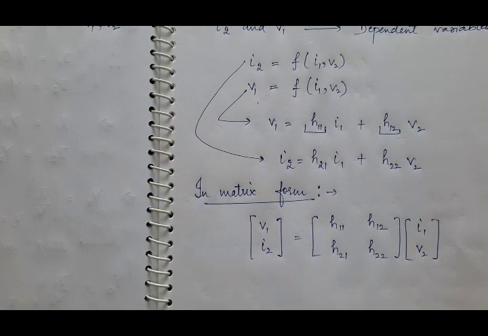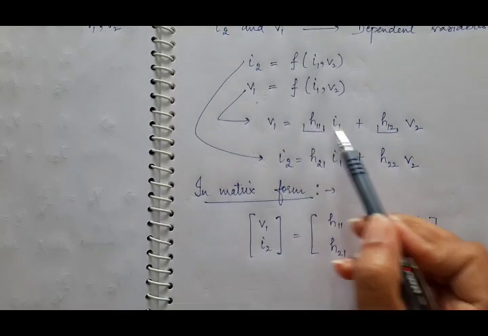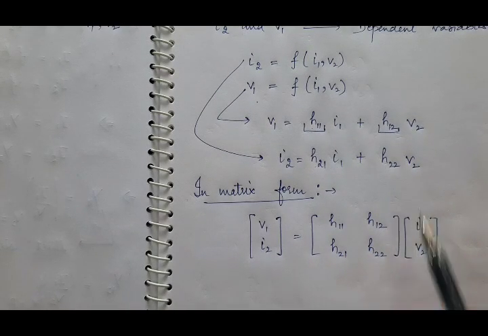But why are these known as H parameters? Because as we have already discussed, in case of Z parameters, all these 4 coefficients had the dimensions of impedance. That is why they are known as impedance parameters.